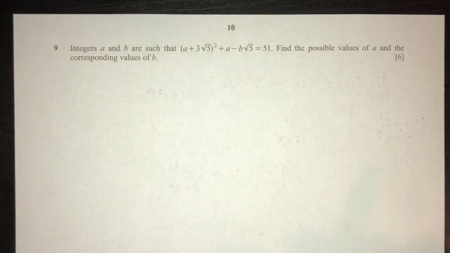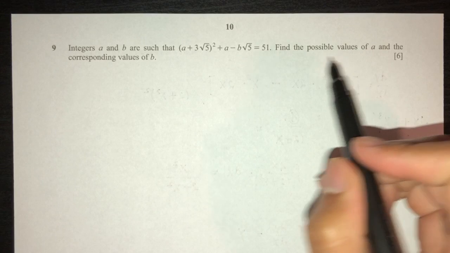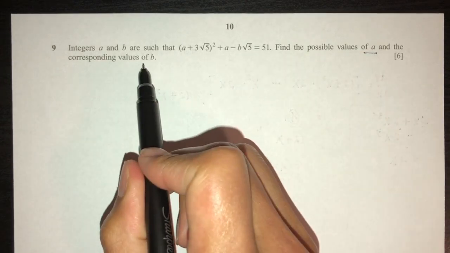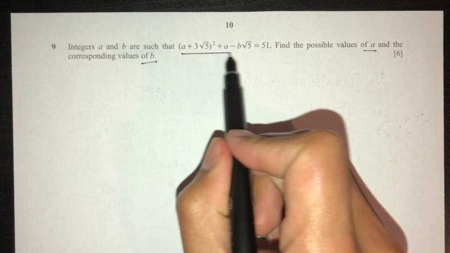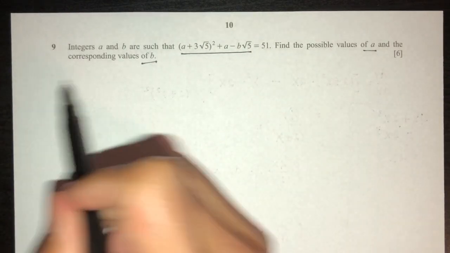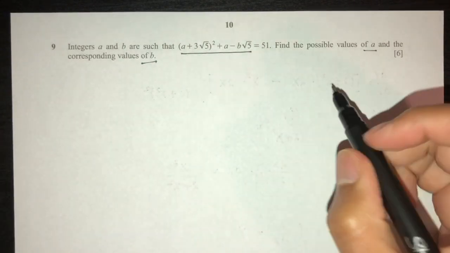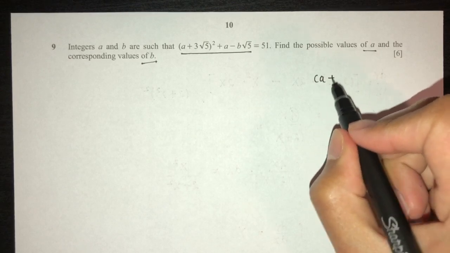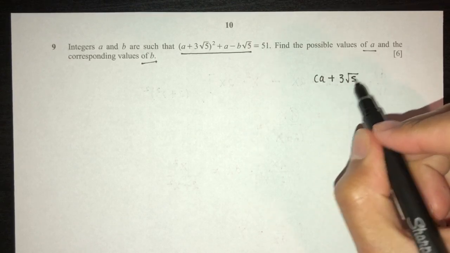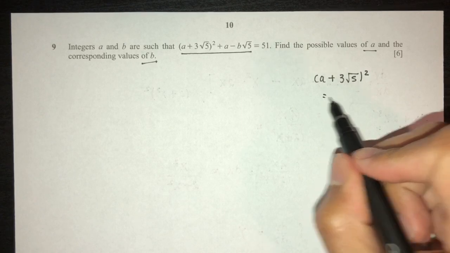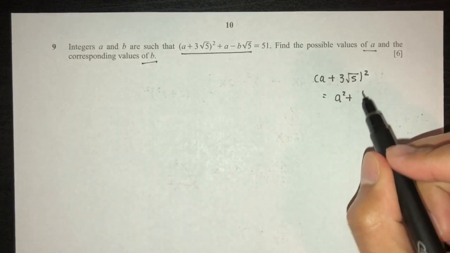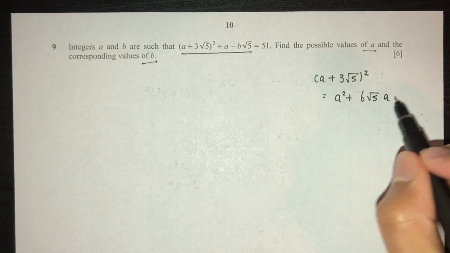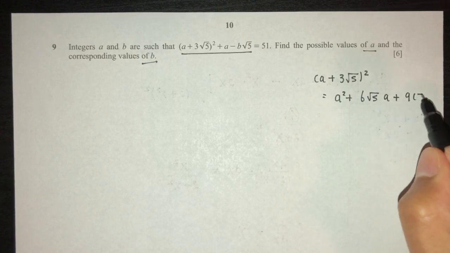Integers a and b are such that this equals this. Find the possible values of a and the possible values of b. So step by step, first let's look at these two. On one side, let's look at this. We have (a plus 3 root 5) squared. Expand, you will have a squared plus 2 times a times this, that will become 6 root 5 a, plus 9 times 5.